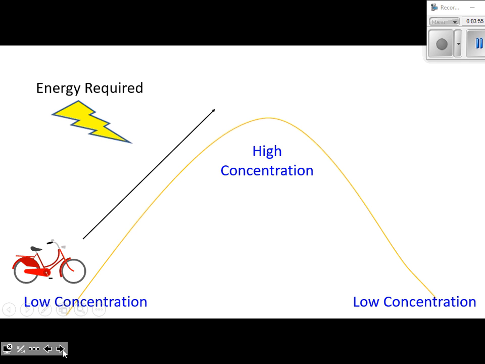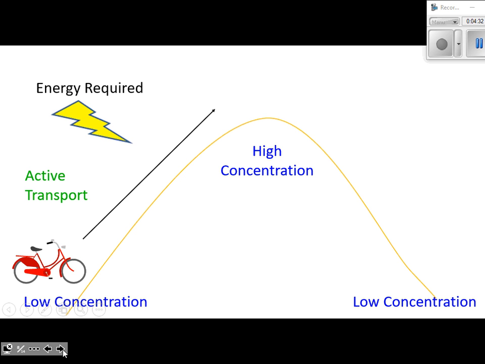So to go from a low concentration to high concentration, I'm moving against the concentration gradient. If I need to move against the concentration gradient, I need energy to do so. So when I go from an area of low concentration to an area of high concentration, which requires energy, that is called what?